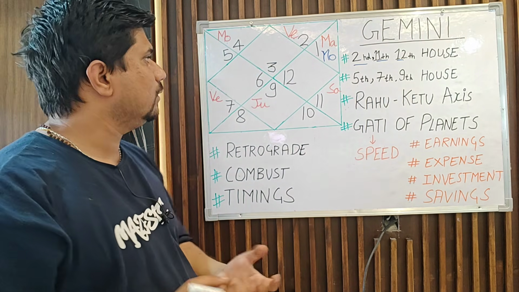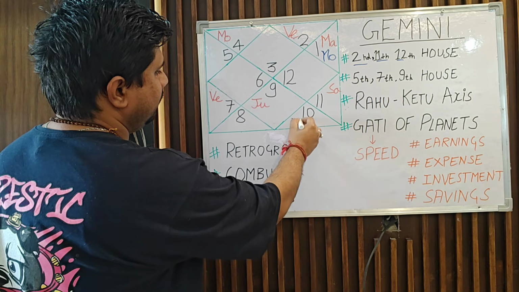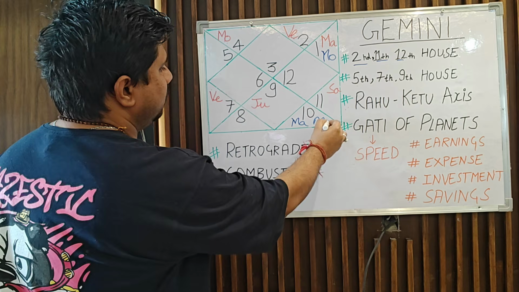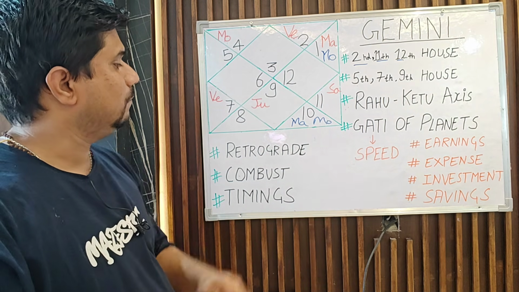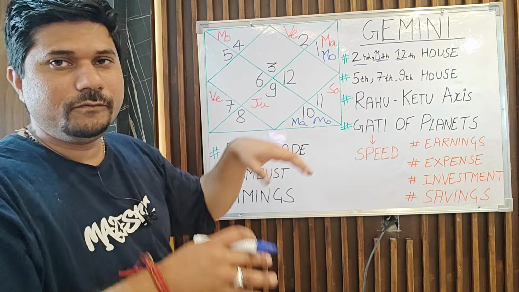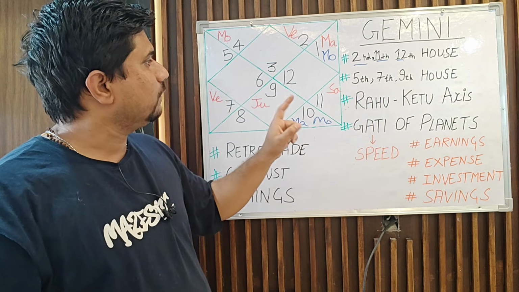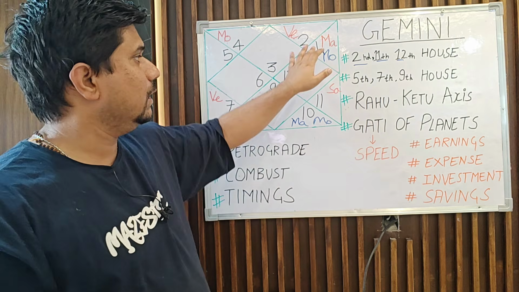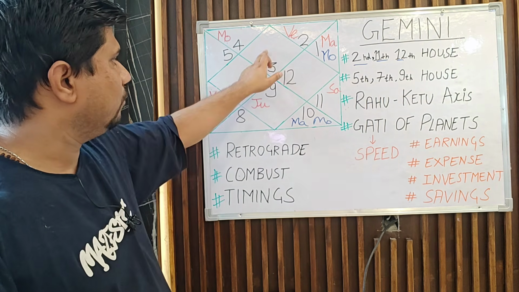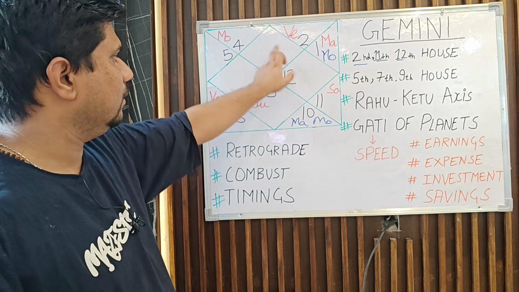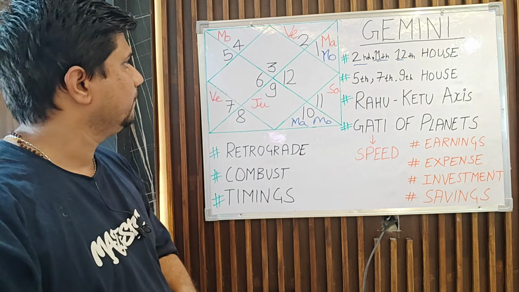If these two house lords are conjunct anywhere, it may be suppose Mars is up there and Moon is up there. Now this Mars and Moon is also creating a wealth giving yoga, but this yoga is way more powerful than this yoga. Reason why? Because first of all, the yoga must be formed in the money and wealth houses. Secondly, if it is forming in the quadrant houses, these 1, 4, 7, 10, these are the quadrants, these are the pillars actually, the supporting structure.